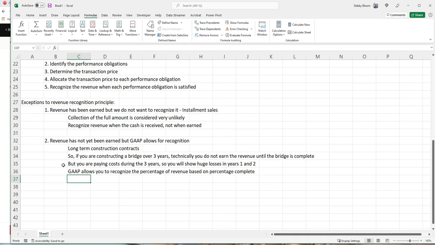So that was a long time typing with no talking. So let's say, for example, that you have a contract to build a bridge and you're going to bill them $10 million to build the bridge. So once you finish building the bridge, the customer is going to pay you $10 million.